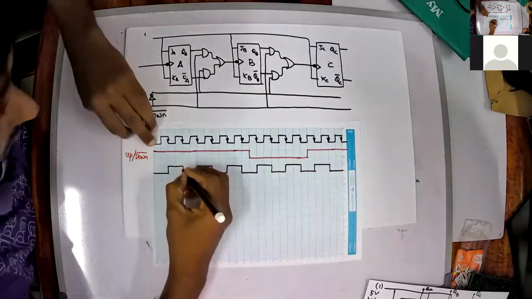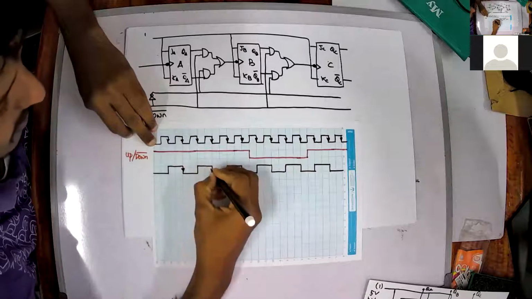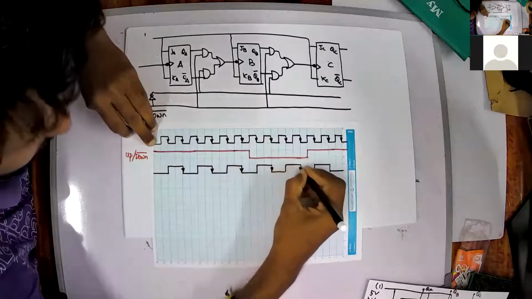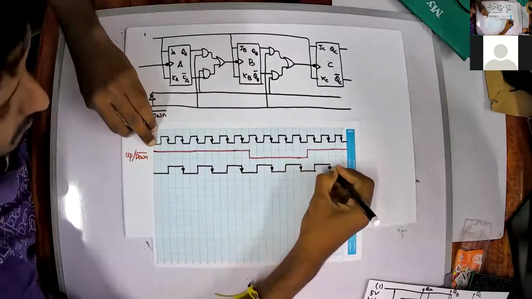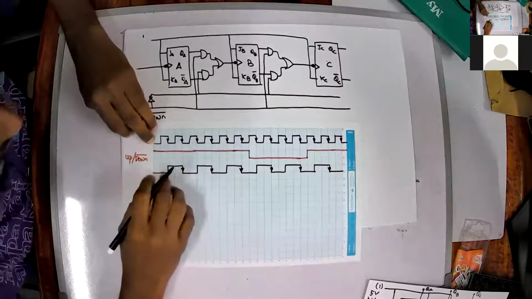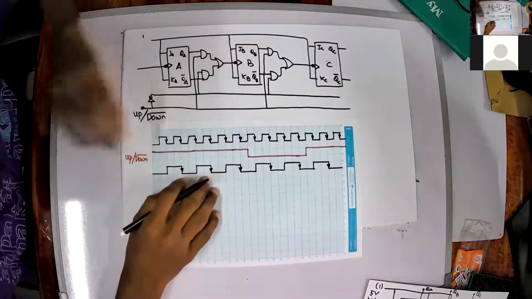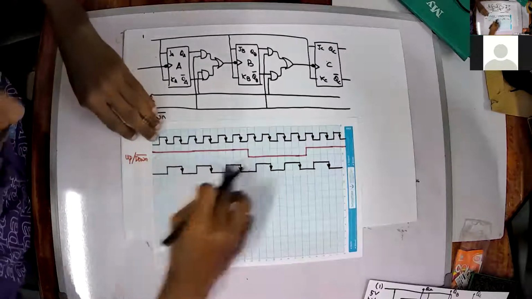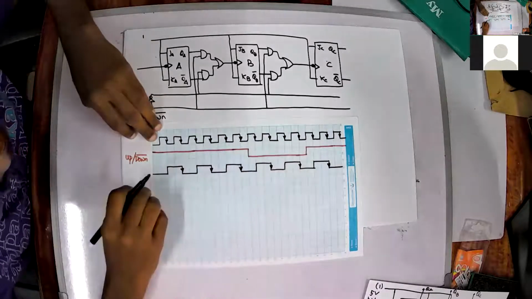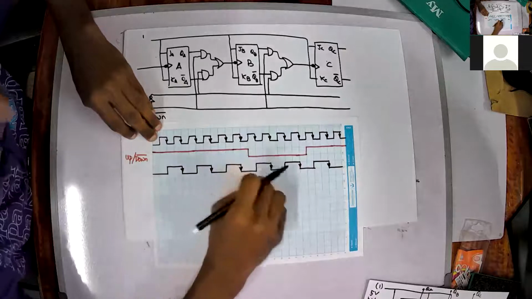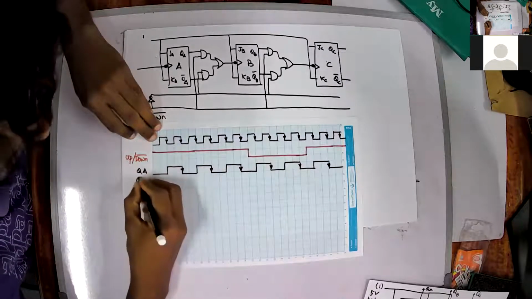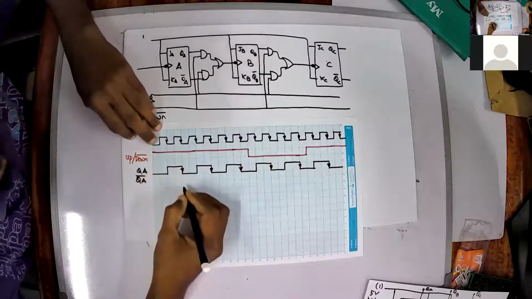Now I'll mark the negative pulses here. But again, remember, I need my QB bar as well, because whenever the up down line is low, the next stage will be triggered from the Q bar. So if it is QA, I need QA bar as well.